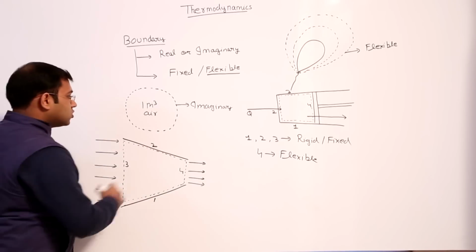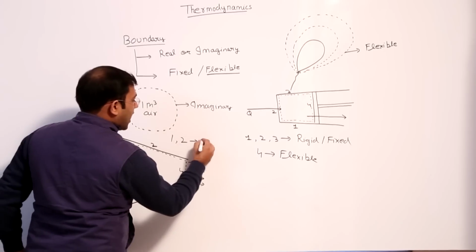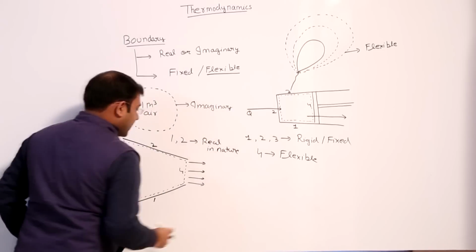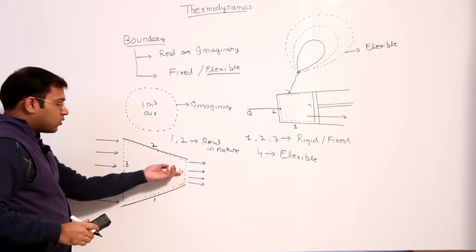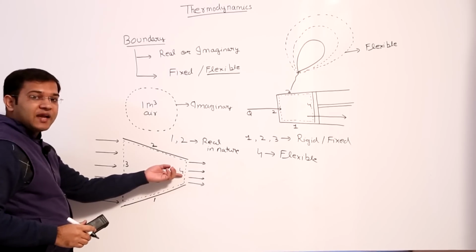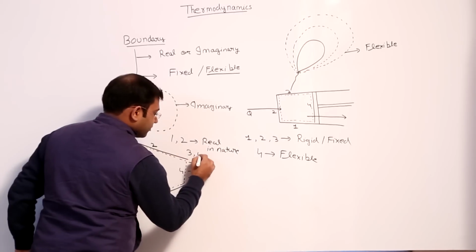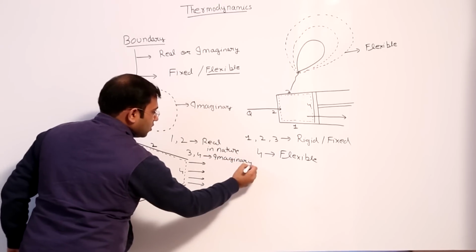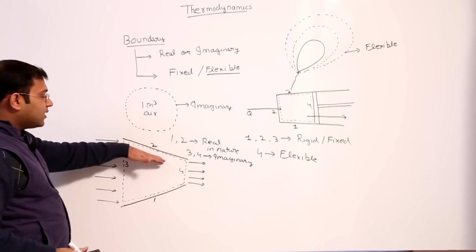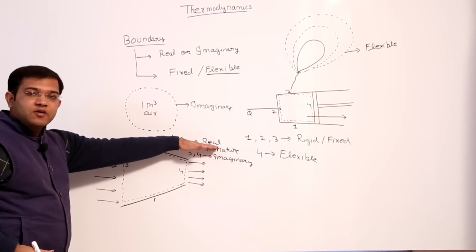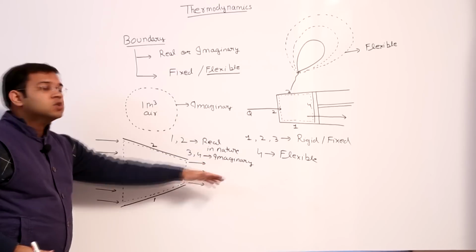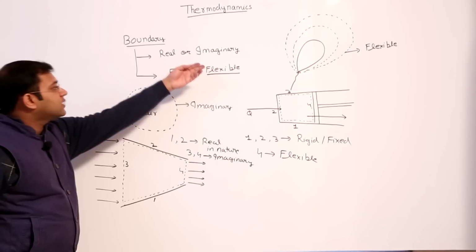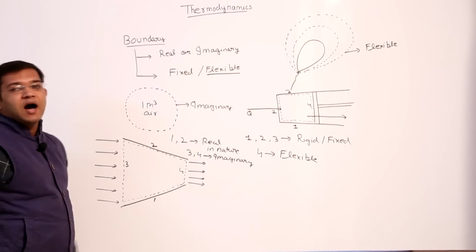So surfaces 1 and 2 are real in nature, whereas the inlet and outlet, surface 3 and surface 4, are imaginary in nature. So a nozzle is a perfect example that has a combination of real boundaries as well as imaginary boundaries. So we see that all the permutations and combinations of real, imaginary, fixed and flexible boundaries are possible.